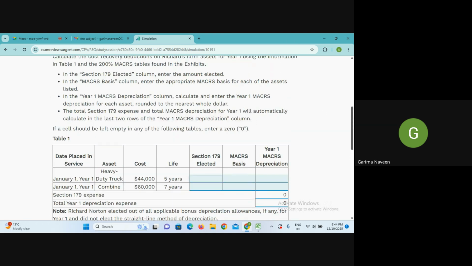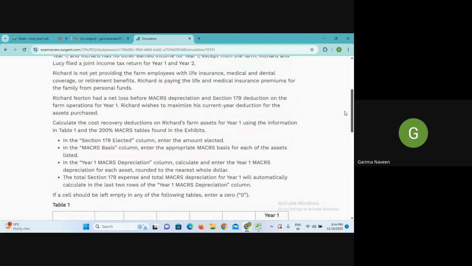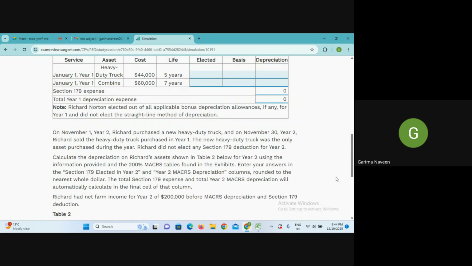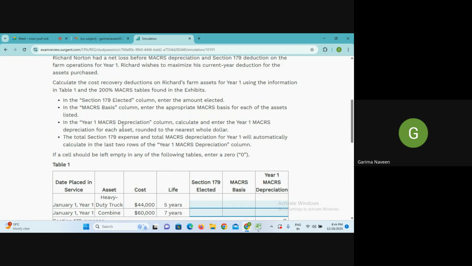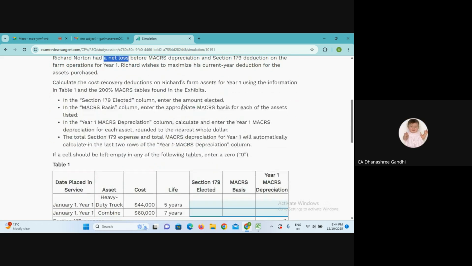Do you know the concept of 179 deduction and makers depreciation? So first of all, tell me is there a net operating loss or gain here? They have a net loss.